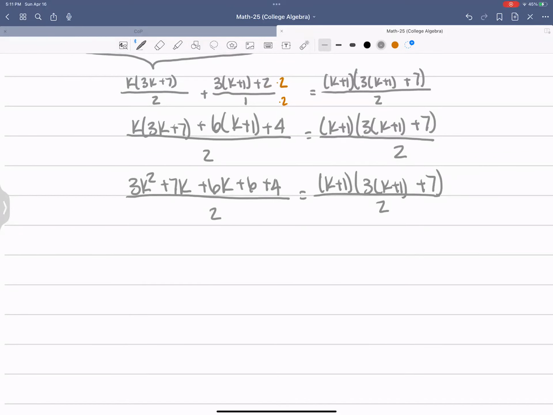Let's still combine these. So that would be 3k squared plus 13k plus 10 over 2.